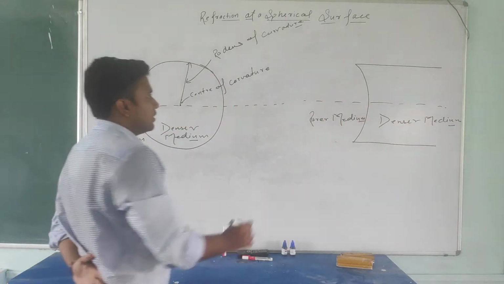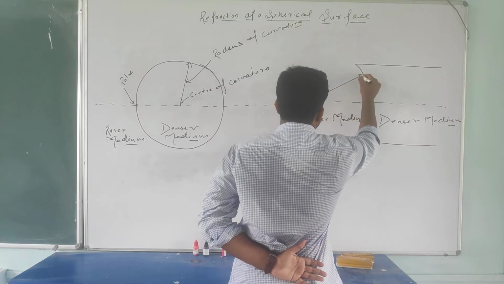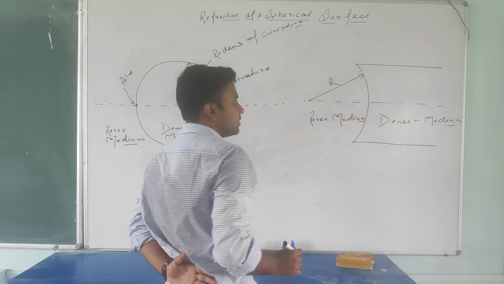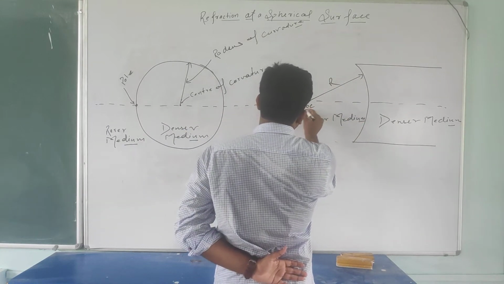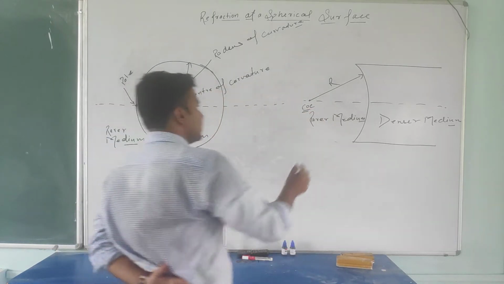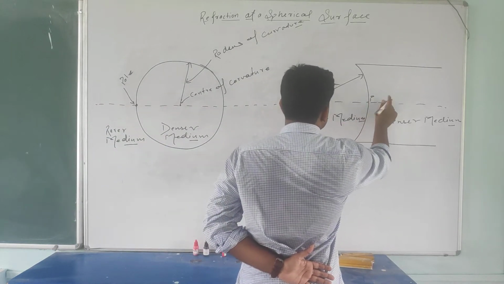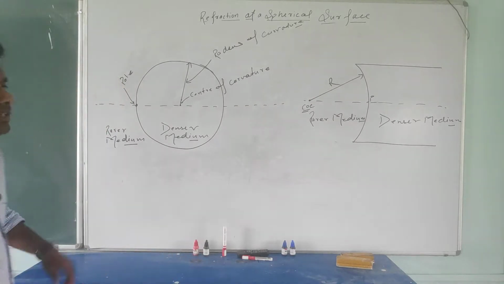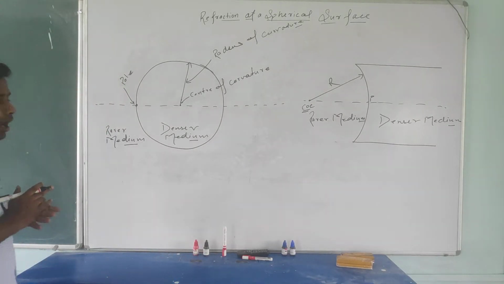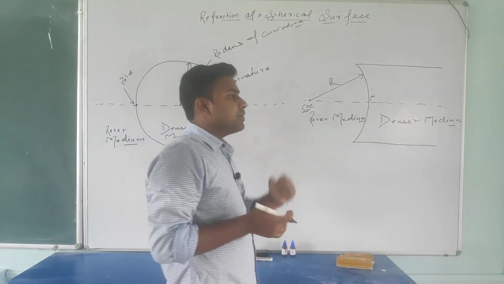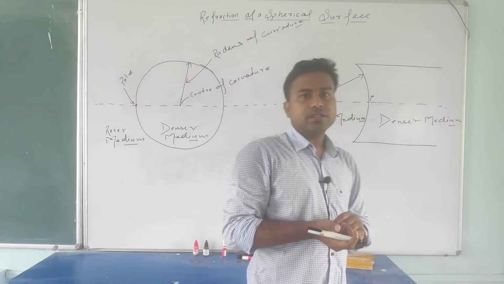Here the radius of curvature is this one, we are denoting it with R, and this one is the center of curvature, and here this point is the pole and this is the principal axis or optical axis. Now how these spherical surfaces form images, we'll discuss.